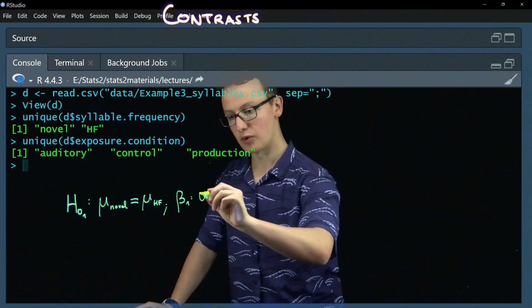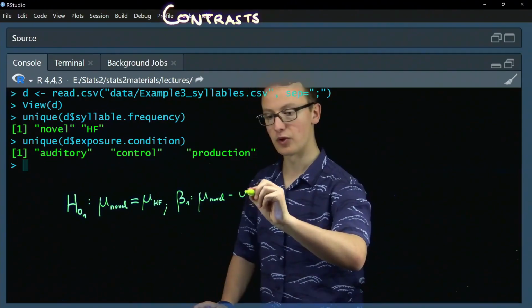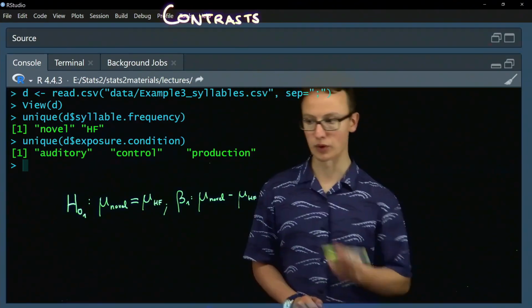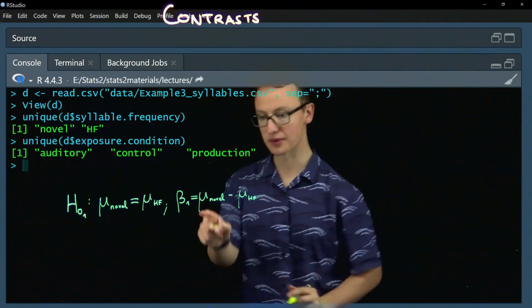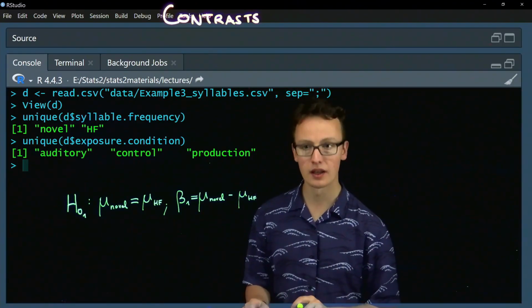So mu novel minus mu highly frequent. Okay? Or, well, there should be an equal sign here actually. So beta 1 is literally equal to the difference, mean novel versus mean highly frequent.